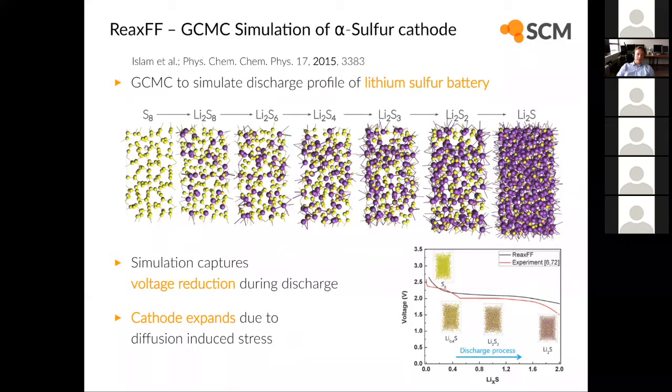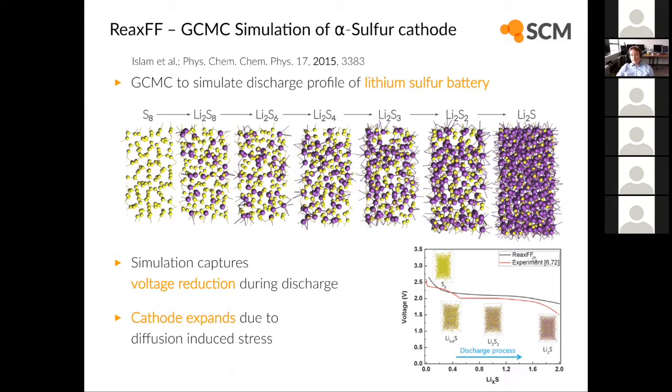And as you can see here, starting from the bare sulfur cathode, more and more lithium atoms or ions are added. And then one basically sees two different effects. First and foremost, one is able to simulate the reduction of the battery voltage during the discharge process. So as you can see here, this at least qualitatively agrees with the experiment.